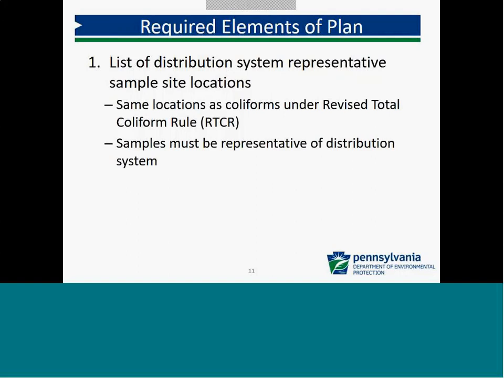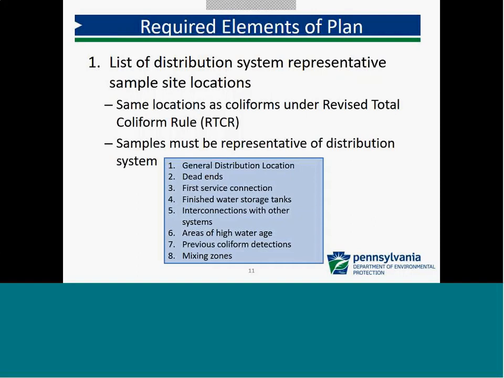Samples must be representative of the distribution system. So we'll get into what that means and what you select in the plan. So here's the list of the 8 that you'll see in the template: dead ends, finished water storage tanks. You recognize a lot of these from the RTCR sample siting plan.